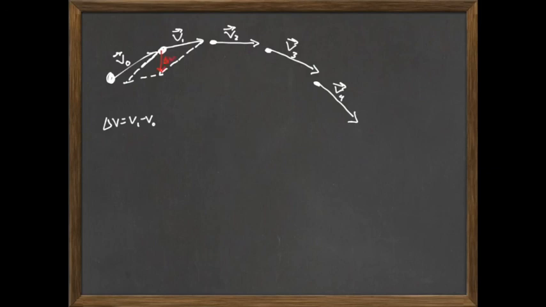If I do the same thing between v1 and v2, I should see a similar change in v across all the points. That makes sense because acceleration is the change in velocity. The acceleration vector is in the same direction as the change in velocity vector, but its magnitude is decreased because of the scalar of time.